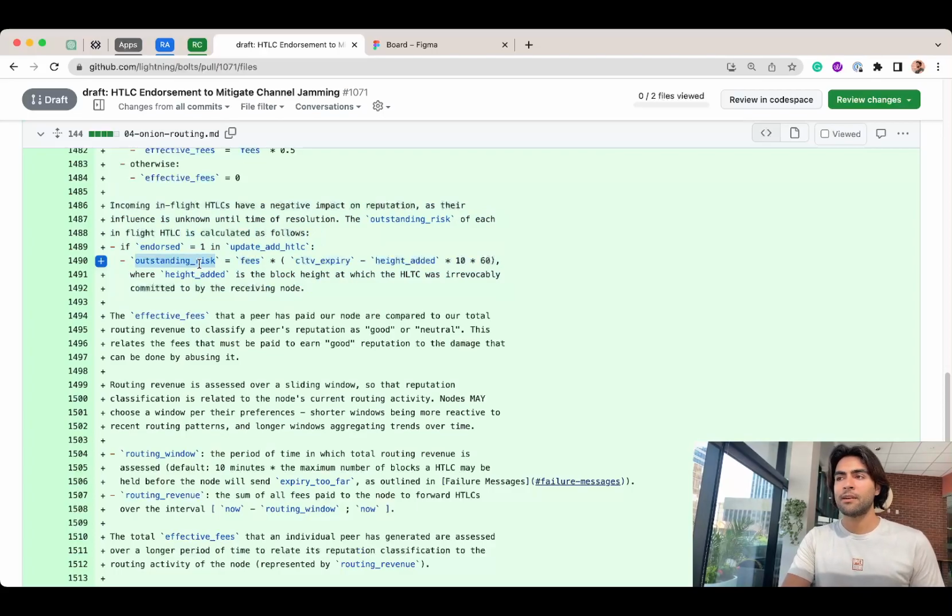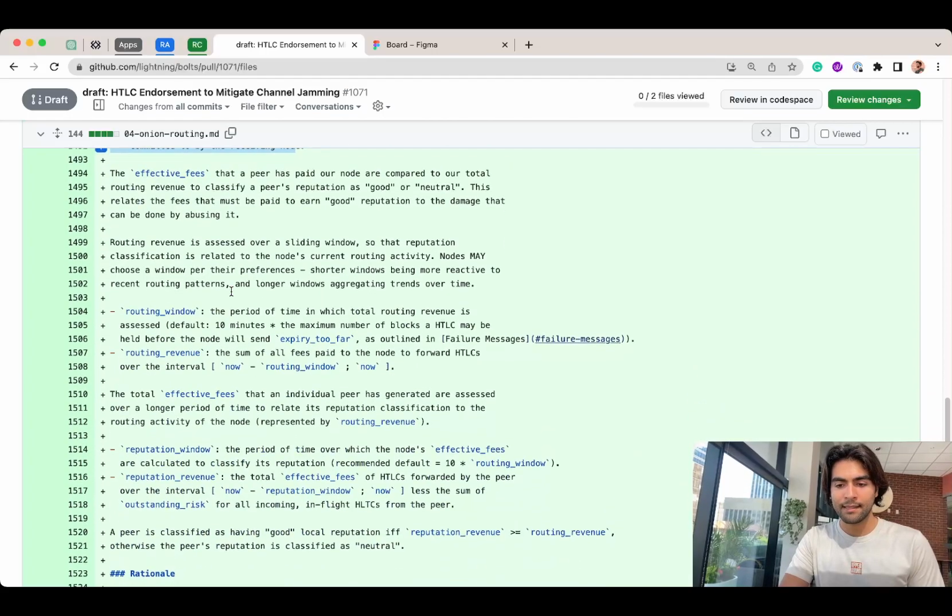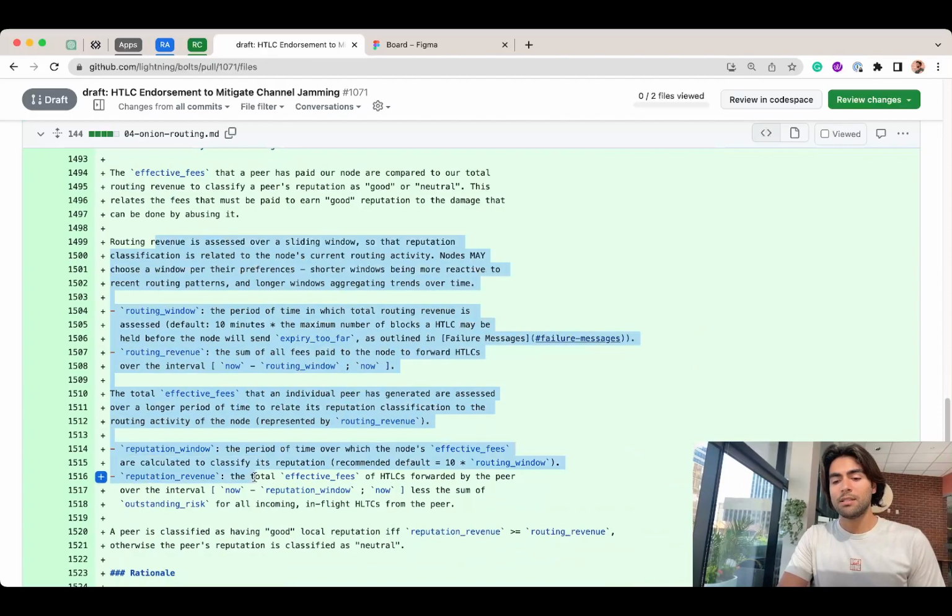So if a neighbor has a reputation with us, it won't be able to send many in-flight HTLCs at the same time and abuse that reputation, because for each in-flight HTLC we are subtracting the risk of that HTLC not resolving in time from the reputation of the neighbor. So this prevents that.